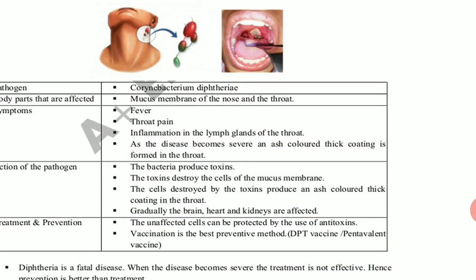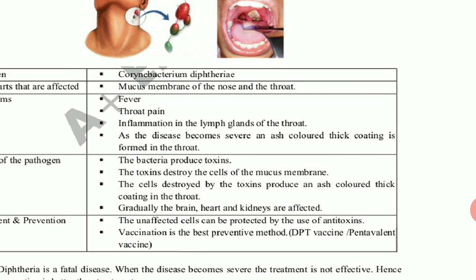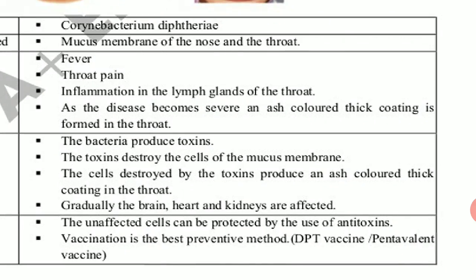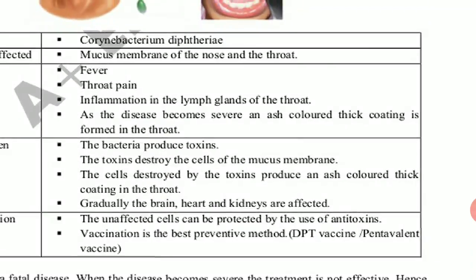Every bacteria has a target cell. It will be affecting different organs. It depends on the bacteria. Here the bacteria is affecting the mucous membrane, especially in the nose and throat.